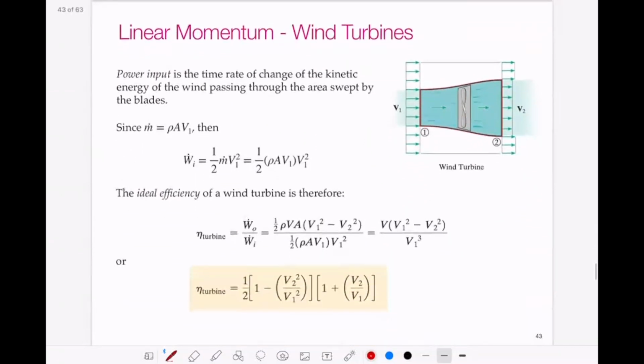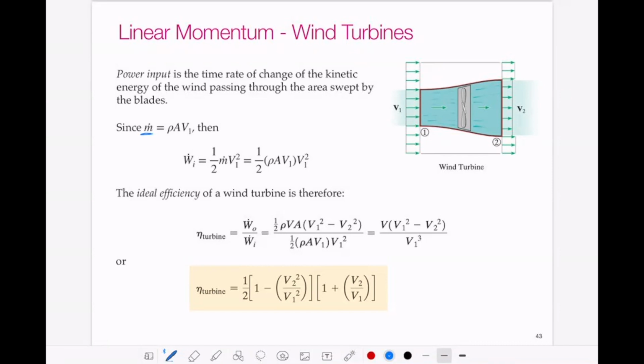So to calculate efficiency, we need to find the work input. So the rate of work input, or the power input, is the time rate of change of the kinetic energy of the wind passing through the area swept by the blades. So if our mass flow rate m dot is equal to the density of the fluid times the area times V1, that is entering our control volume, then our work input is equal to 1/2 m dot V1 squared.